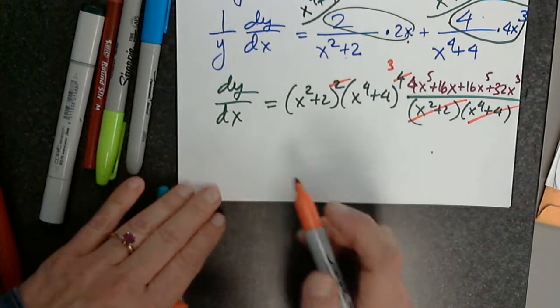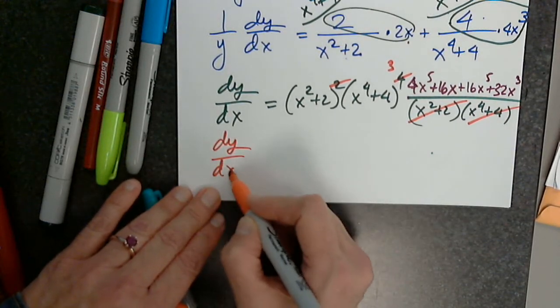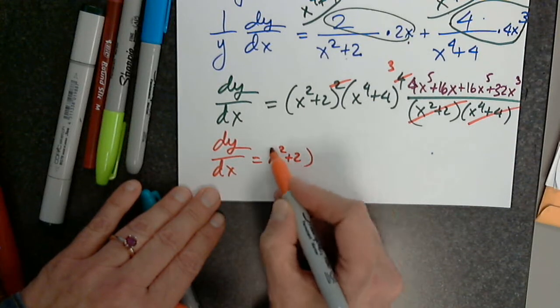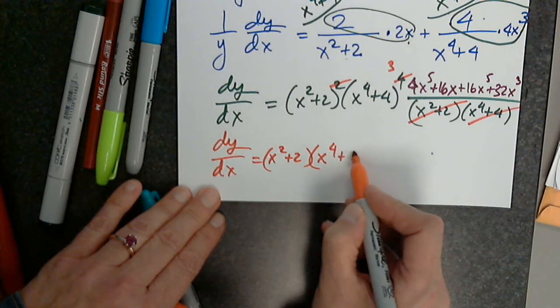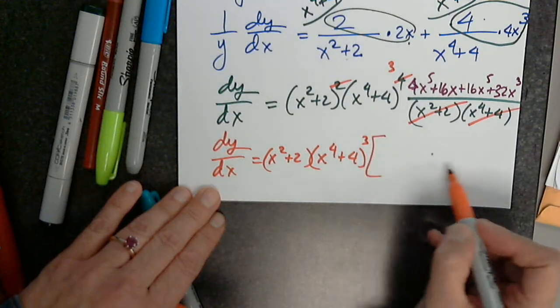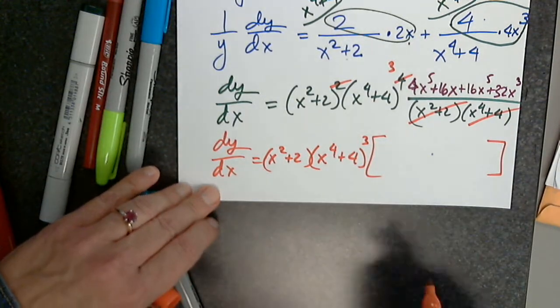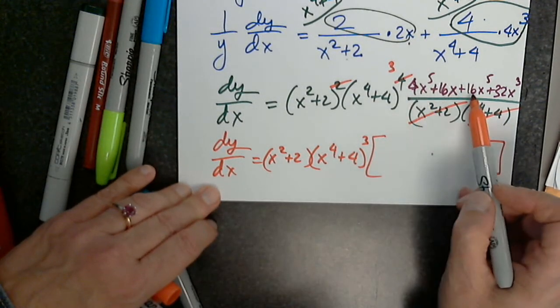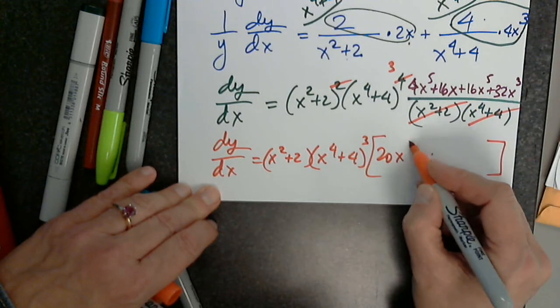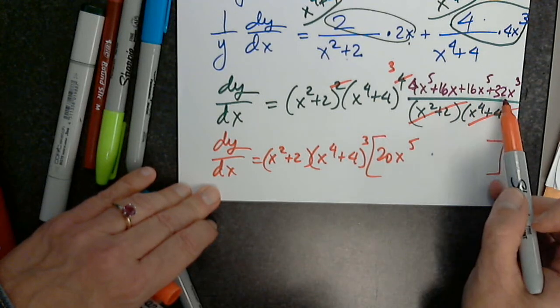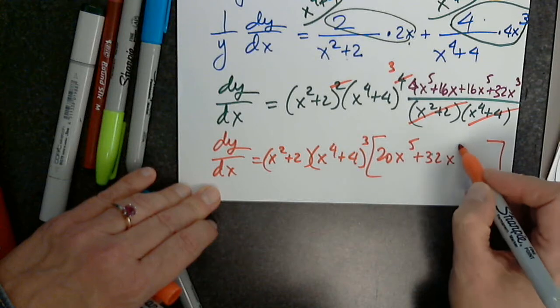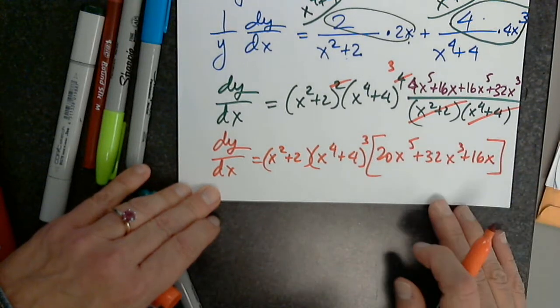And finally, sort of finally, we'll see in a minute, dy over dx equals x squared plus 2, x to the fourth plus 4 to the third. And let's see what we get in parentheses. I have a 4 and a 16, so this is 20x to the fifth. And I have a 32x cubed, and I have a 16x.